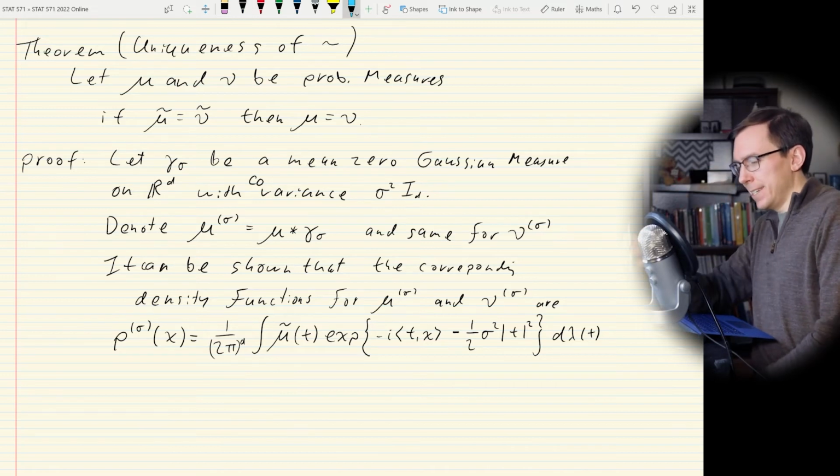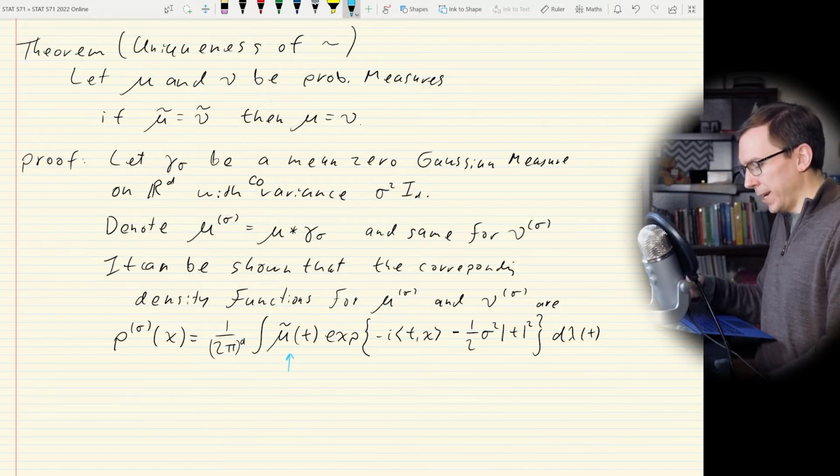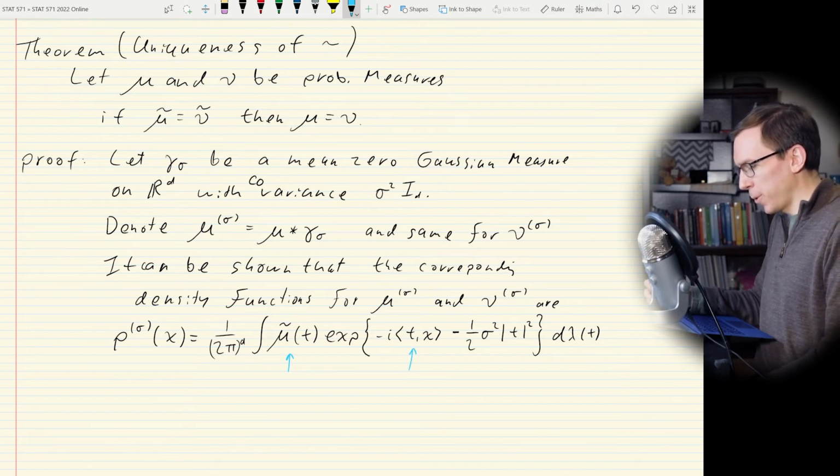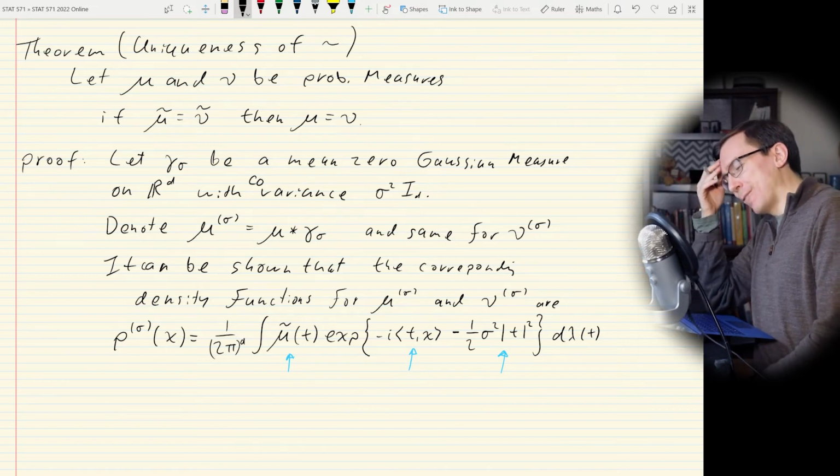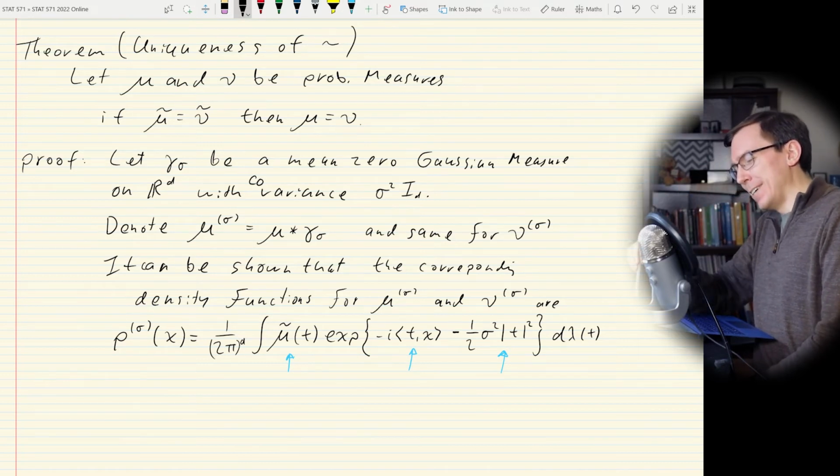So again, we've got the inverse Fourier thing, and the characteristic function for the Gaussian gamma sigma, which I didn't tell you what that is. But if you believe from what I said above that if I convolve mu and gamma, then the characteristic functions should multiply, then that's exactly what's happening inside this integral.